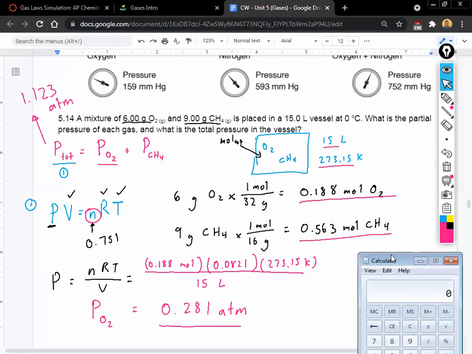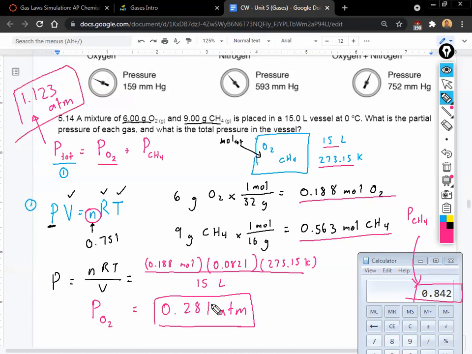So we can take the total pressure, which is 1.123 minus 0.281, and that will give us the pressure of methane. All we did was subtract the pressure of O2 from the total pressure. And that's going to be our 3 values for this problem. And if you want to check your work, you can add the pressure of oxygen and pressure of methane, and that'll give you total pressure. Okay.